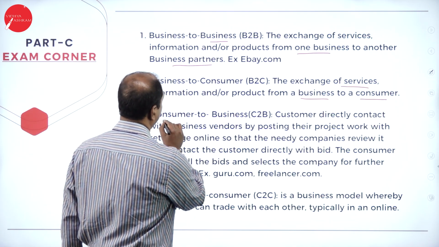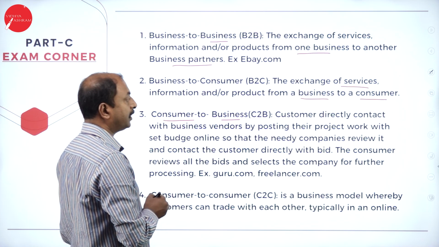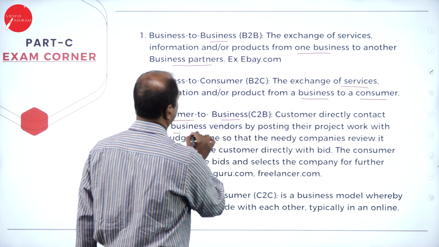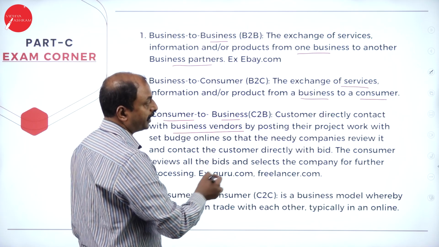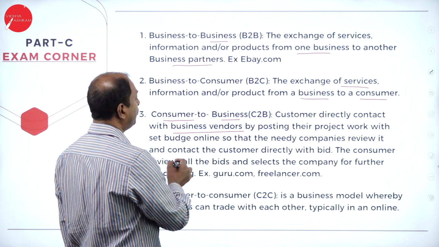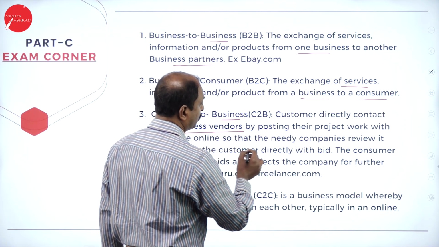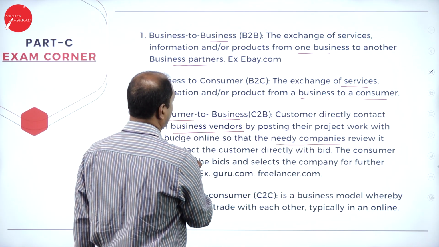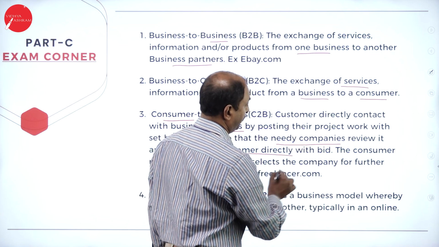Next, consumer to business. So here the customer or a consumer directly contacts the business vendors by posting their project work with the set budget online, so that needy companies review it and contact the customer directly with the bid.